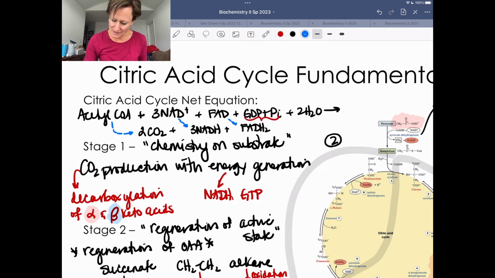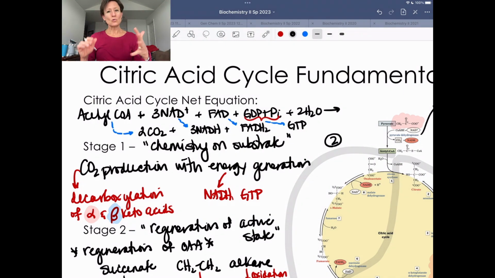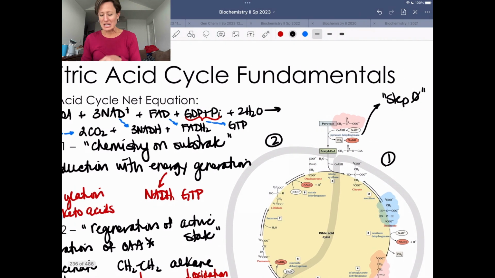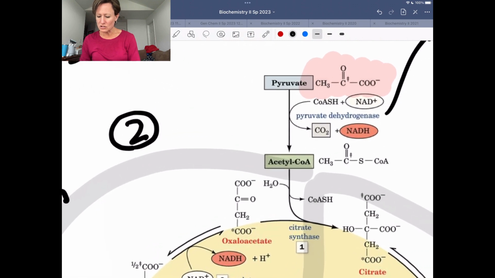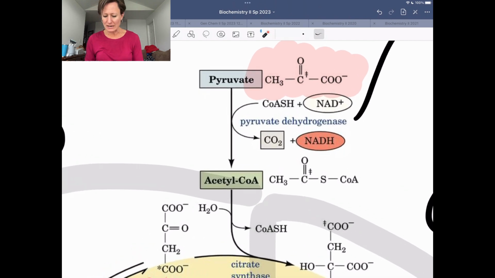GDP and Pi together becoming our GTP. Okay. And water actually gets used up in that chemistry, so we're not going to see water connected to anything. But that's our overall equation for what happens. So let's take a deep dive now. It's going to take a little bit of time, but we're going to walk through these structures, and hopefully it'll be a good storyboard to help you remember everything that happens in the citric acid cycle.